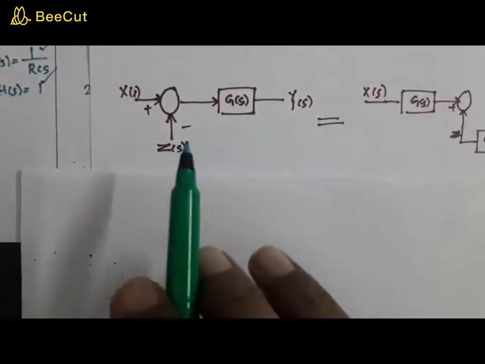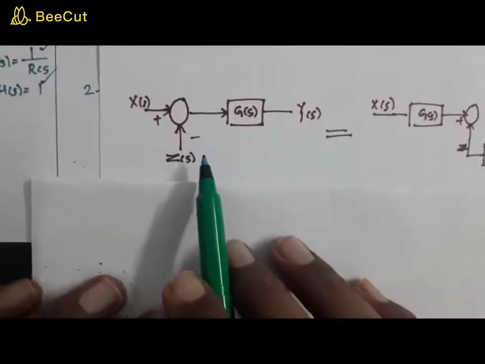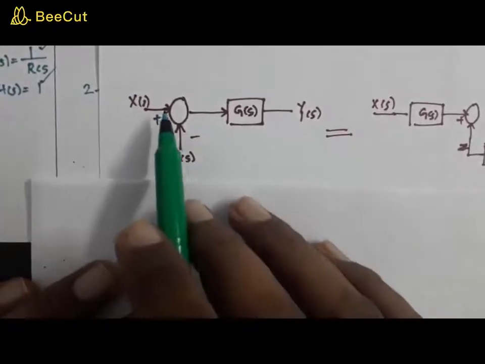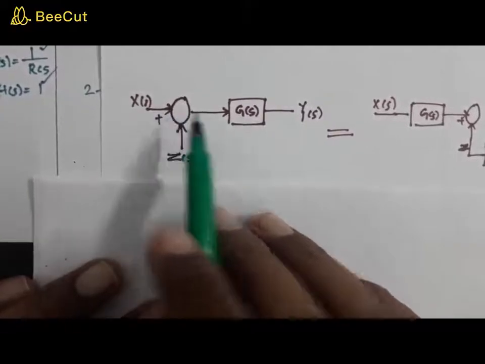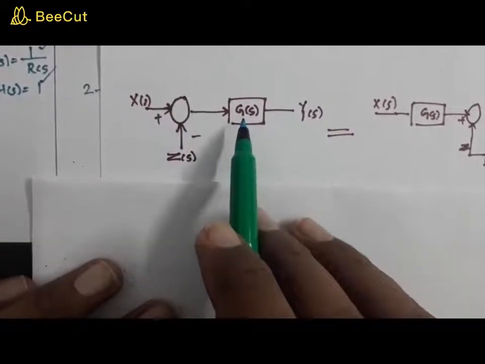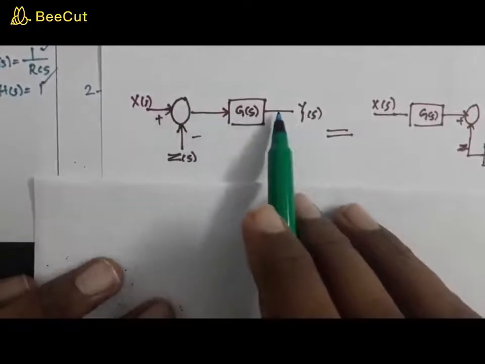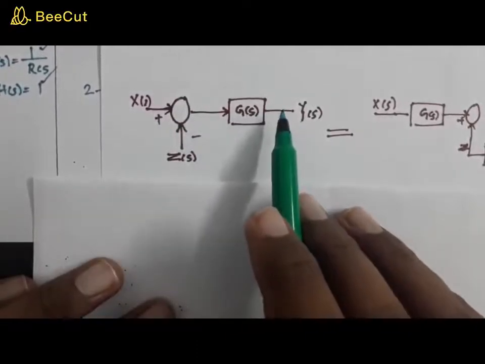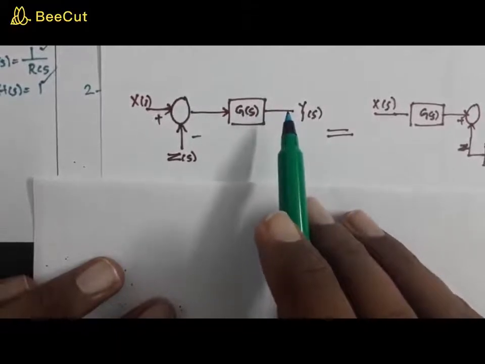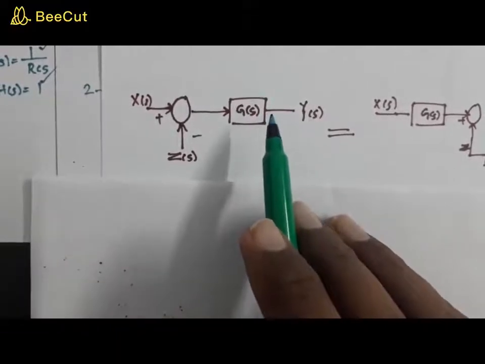Now look at this, another scenario that can come across is this one. You have a summing point here and a block. Suppose you want to take this summer point to the right side of this G of S. Why do we need to do that? At times, what is our main objective?